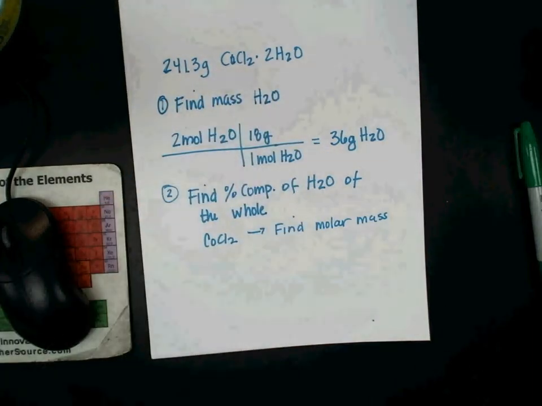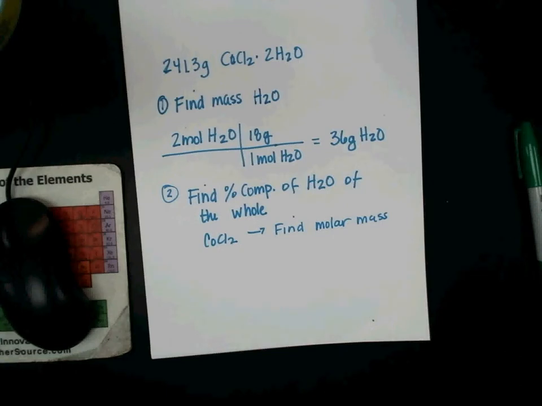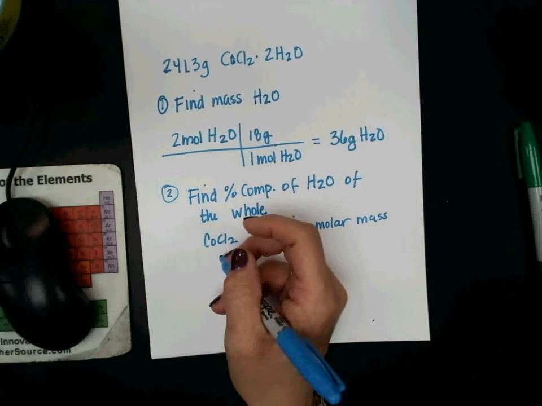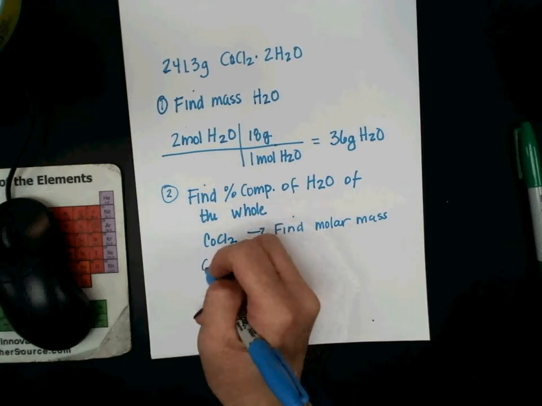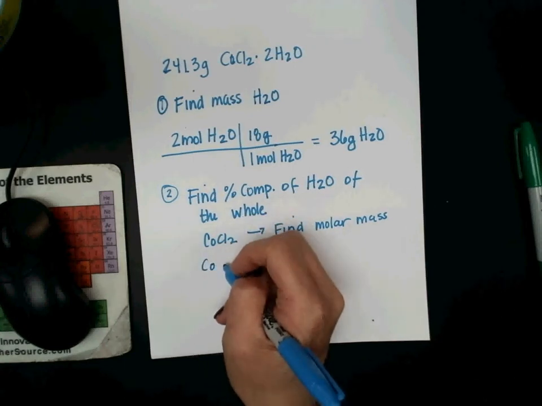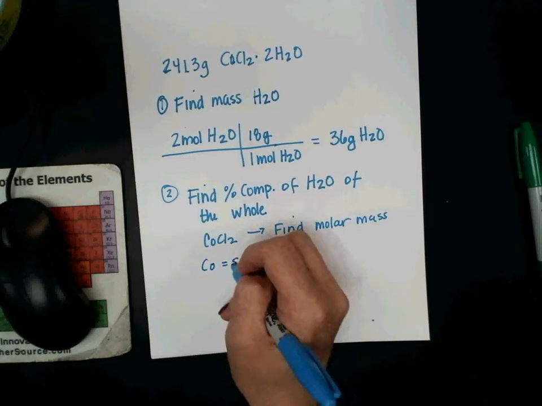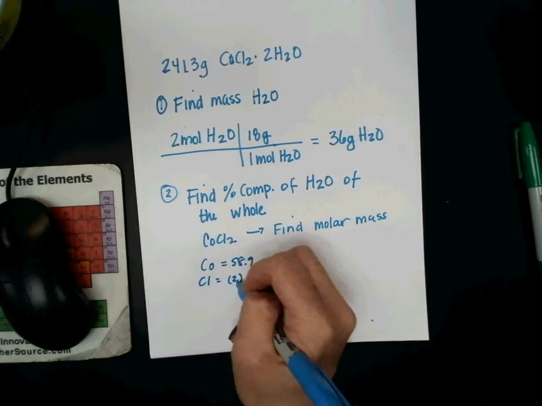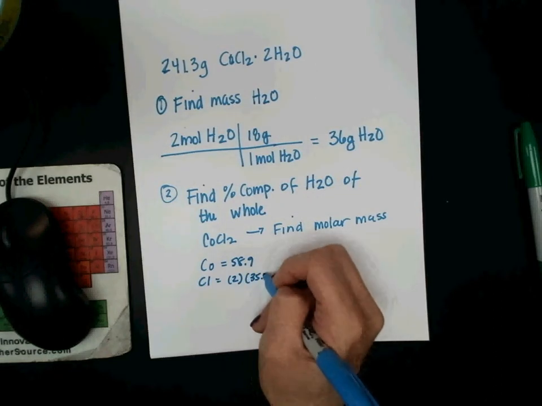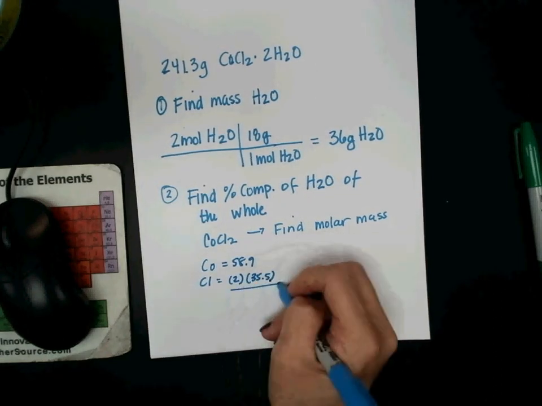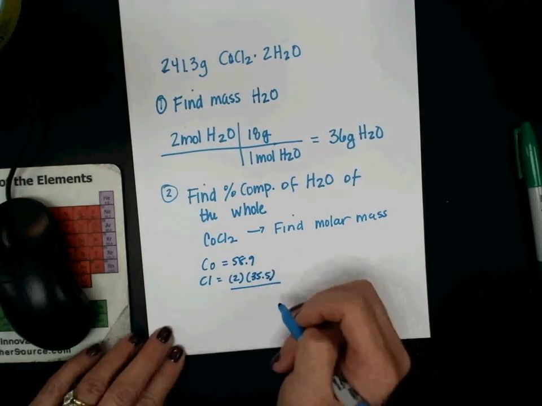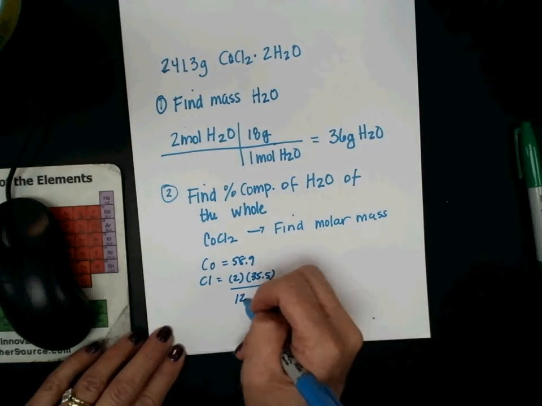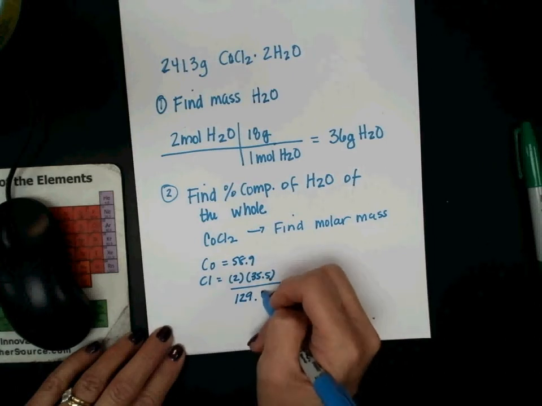Okay? So let's see. What's the molar mass of cobalt chloride? Anybody figure it out yet? Cobalt is, what's cobalt? 58.9? And chloride is 2 times 35.5. So that's 70. So that's 1, is it 120? 129.9?